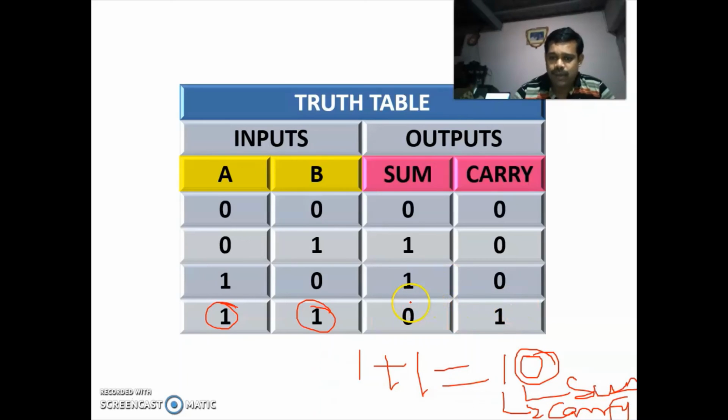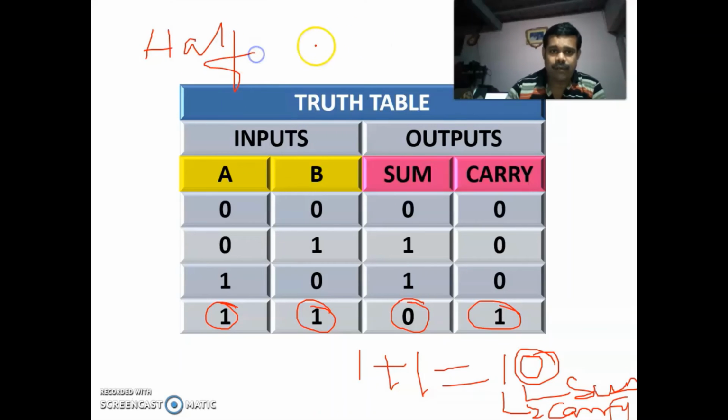So sum is 0 and carry is 1. While adding 1 plus 1 you get 1 0, where this is carry and this is sum. So sum is 0 and carry is 1. This is the truth table of the half adder.